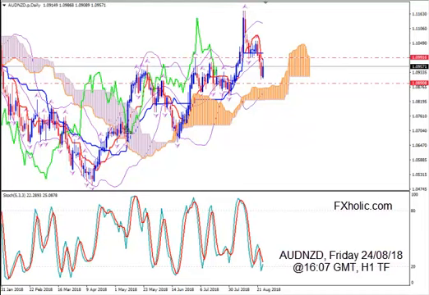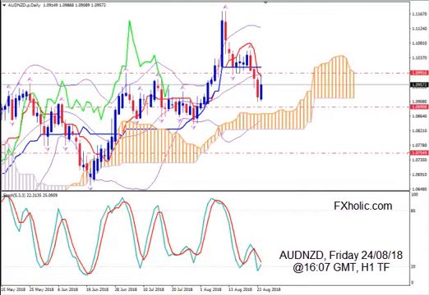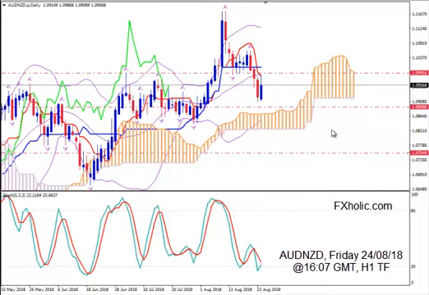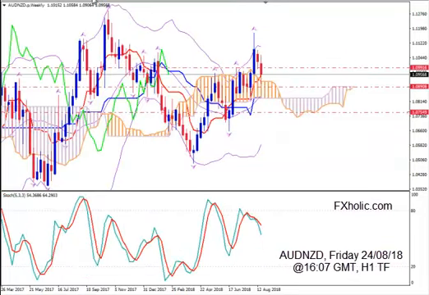And Chikou-span here is giving us a nice take profit level. I will place it a bit higher. So you can go for 130 pips, and the take profit target can be placed at 1.0754.